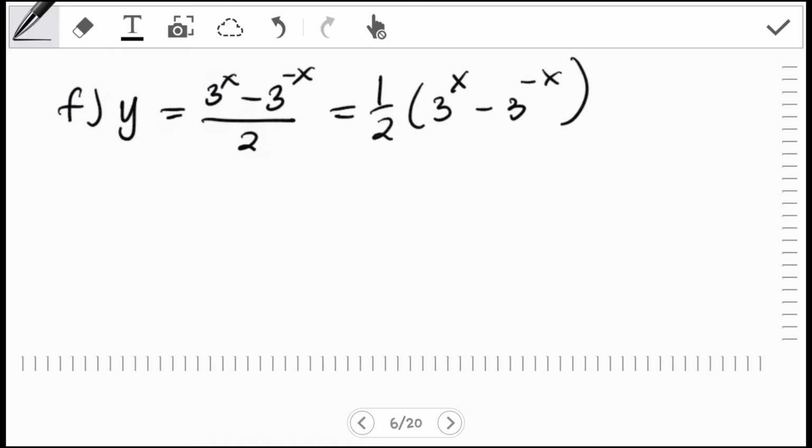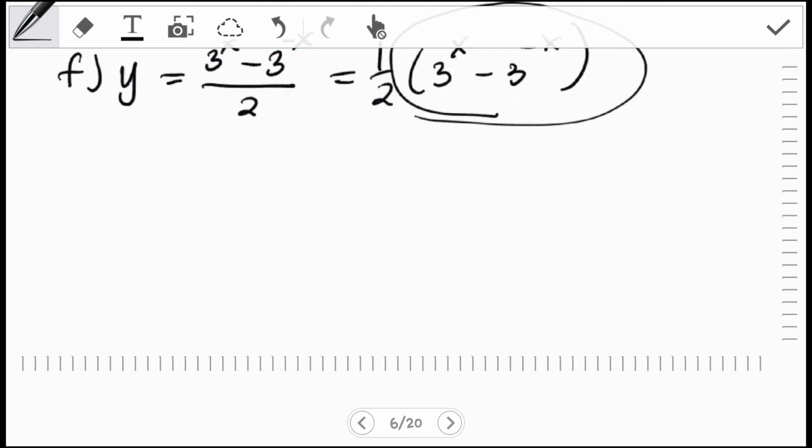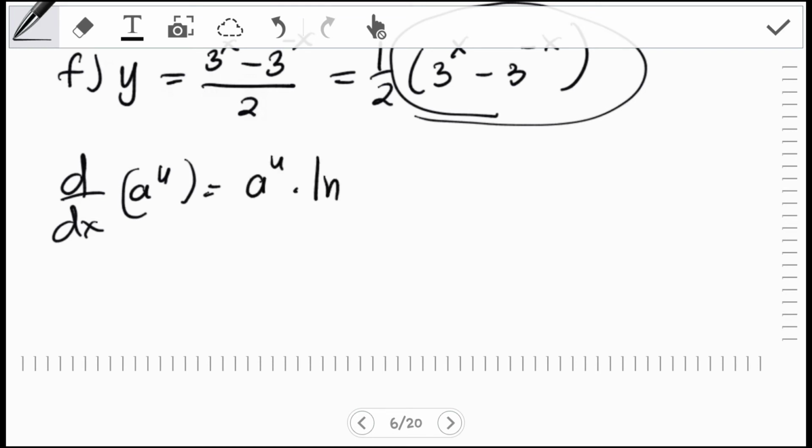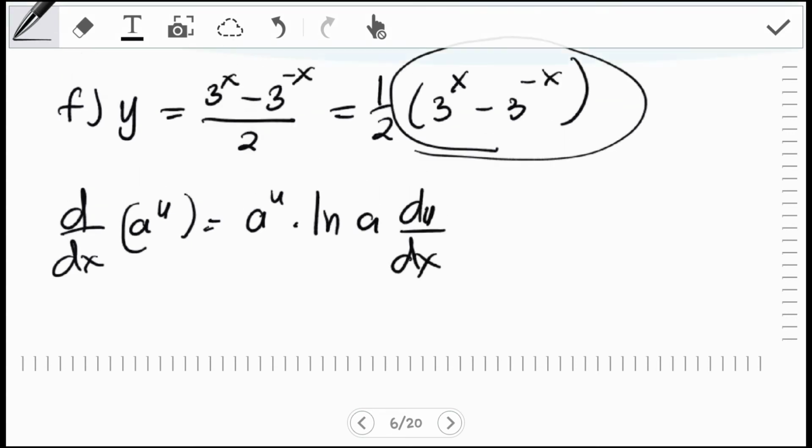This portion we can now differentiate using this formula again: d over dx of e to the power u is e to the u ln e du over dx.